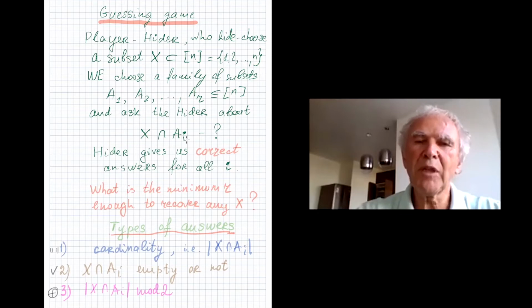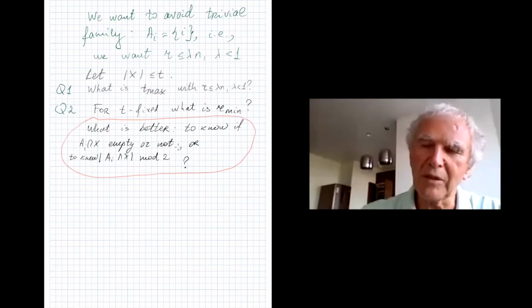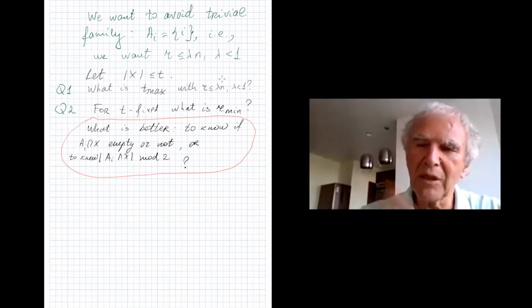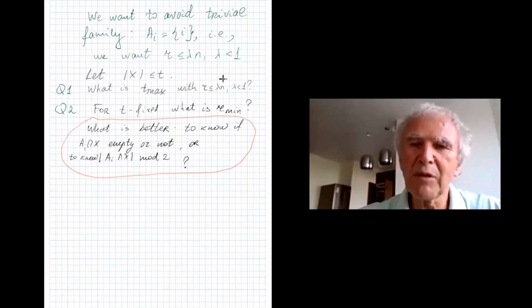First of all, we would like to avoid trivial families of questions. I mean, if we just take points from our set and ask if there is an intersection or not, then of course in n questions we will know every set, but it's trivial. Therefore we will consider only the non-trivial cases, when the number of questions should be smaller than lambda times n, where lambda is a constant smaller than 1.